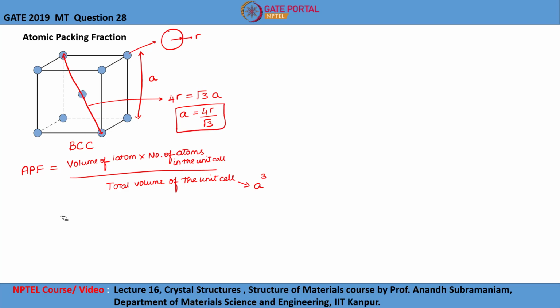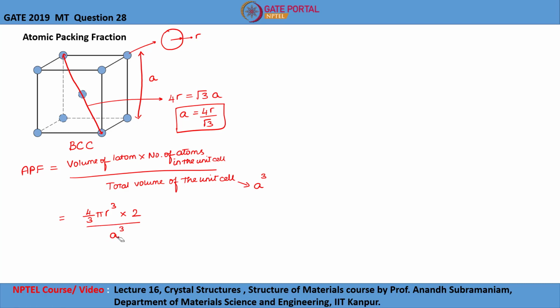The atomic packing fraction will be equal to 4 by 3 pi r cube multiplied by 2, because the number of atoms in body-centered cubic structure is 2, divided by a cube.